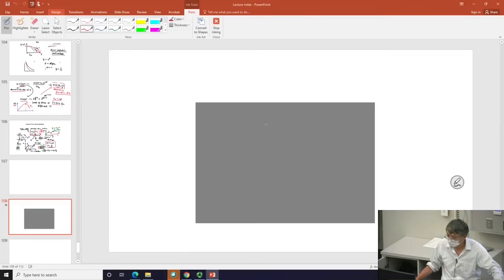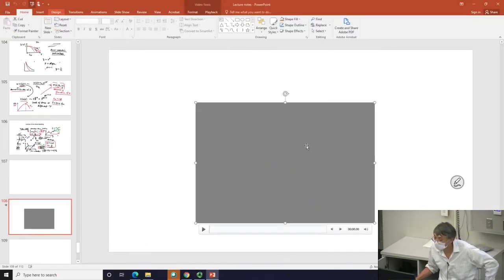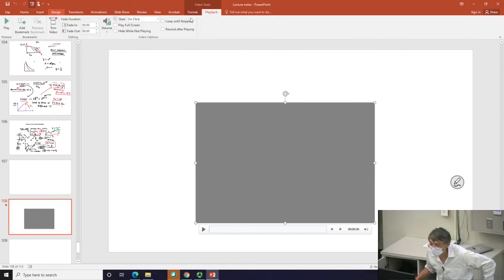It moves. It's not motionless. It moves and it's not motionless.